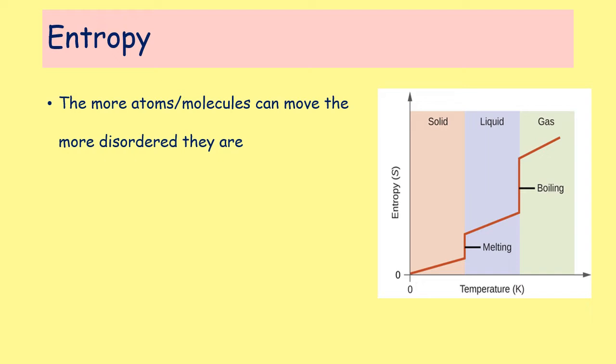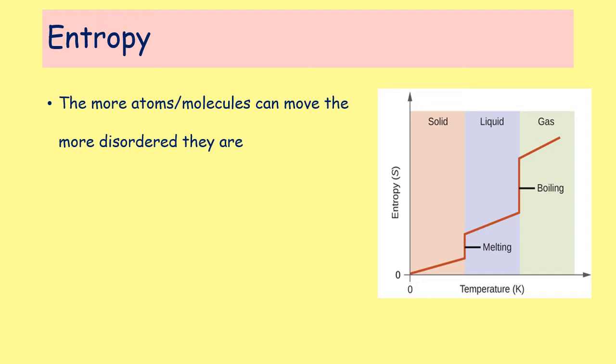You are a completely, perfectly ordered solid where the atoms inside that solid are not able to move. As you increase the temperature, the atoms inside the solid are slowly able to vibrate, but they are fixed in a location. So the entropy is able to increase a bit, but it's still going to be quite low whenever you're in a solid.